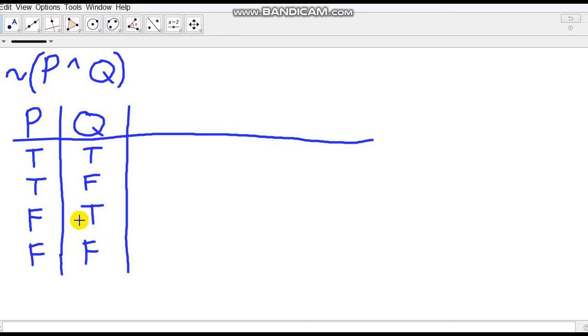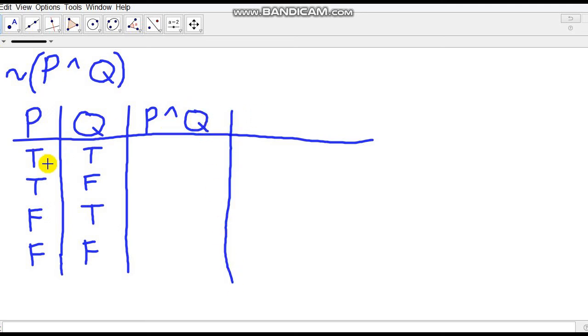Let's start first by identifying the truth value of what's inside the parentheses, P and Q. Once we know the truth value of this, we will negate that.